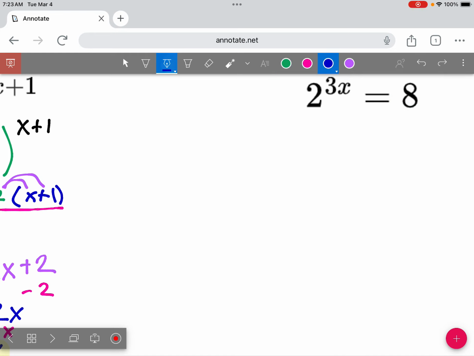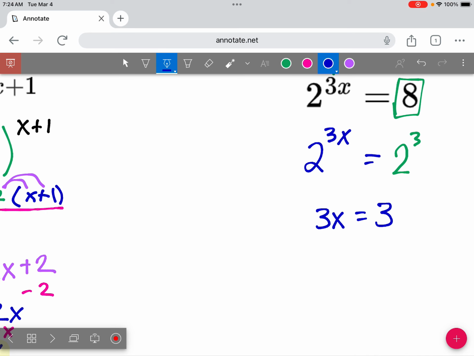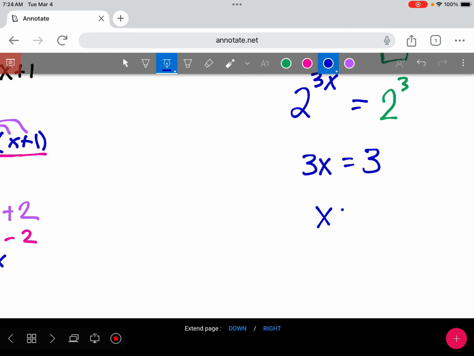My 8 I could rewrite as 2 cubed because 2 cubed equals 8. It means the same thing. So if we have that 2 to the 3x equals 2 to the 3rd, what are we going to do next? 3x equals 3. So what does x equal? X equals 1. That was a pretty short one.